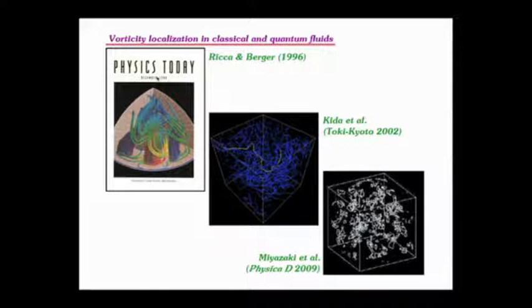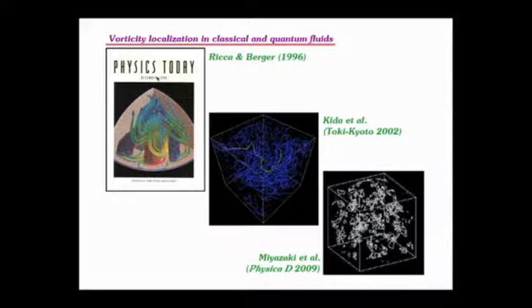So for simplicity, I will stick to this last model: superfluid vortices as defect lines in a fluid that is otherwise irrotational and kind of perfect.